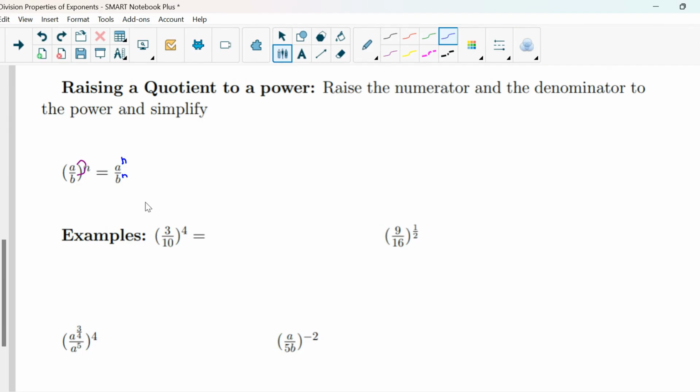Okay, let's take a look at just a couple of examples. So if I am taking 3/10 to the 4th power, I'm going to raise 3 to the 4th and 10 to the 4th power.